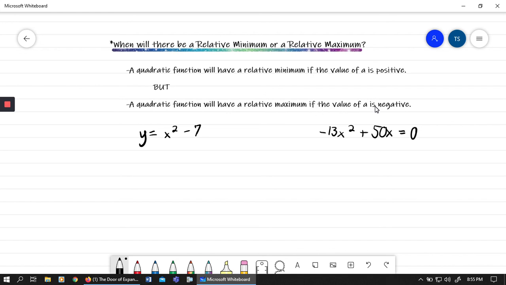All right, so again, based on the value of the a, for this particular function here on the left side, the a value here is 1. The b value just so happens to be 0 because, again, there is not a term that has just x written with it. And then, of course, the c value is -7.